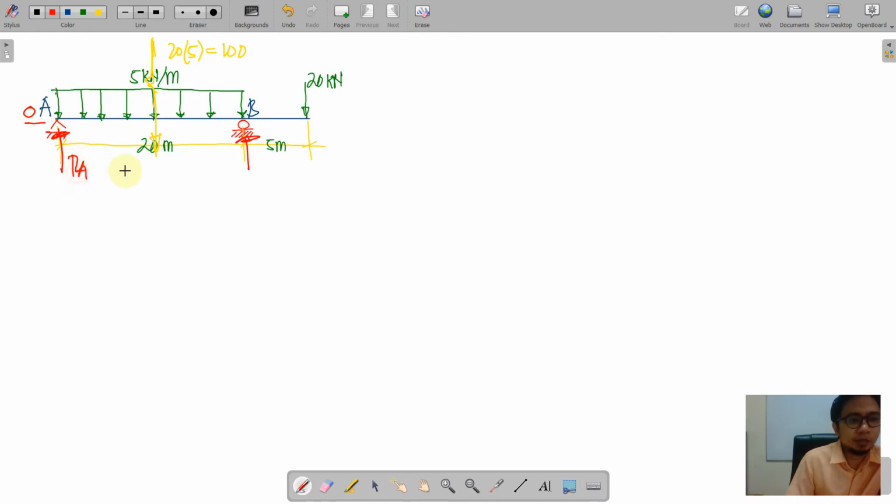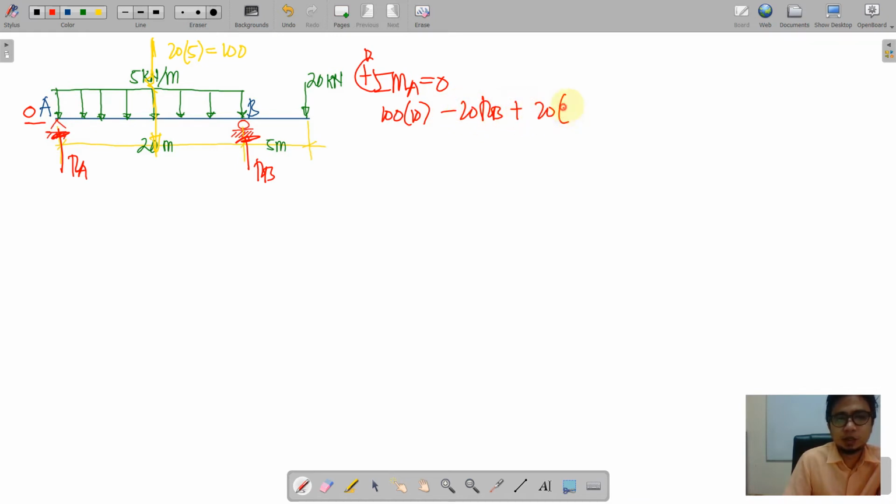So just have to label this as RA, and that is RB. So just the same, we are going to perform this summation moment A is equal to 0. So we have 100 times 10 minus 20 times RB plus 20 times 25 is equal to 0. We have an RB of 75 kilonewtons.